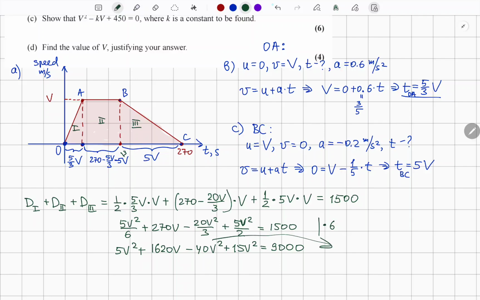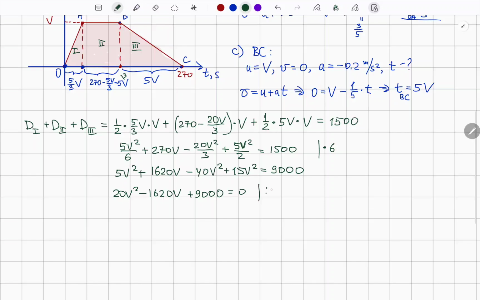It's better to collect all the terms on the right hand side. So if I deal with V² terms only, it must be 20V², and then minus 1620V, and then plus 9,000 is equal to 0.